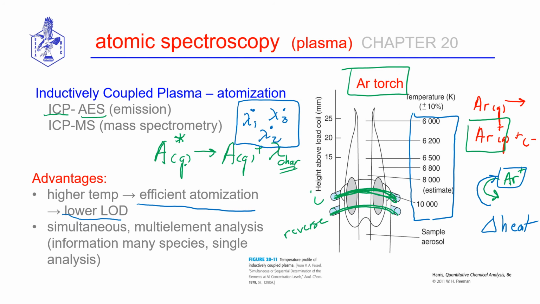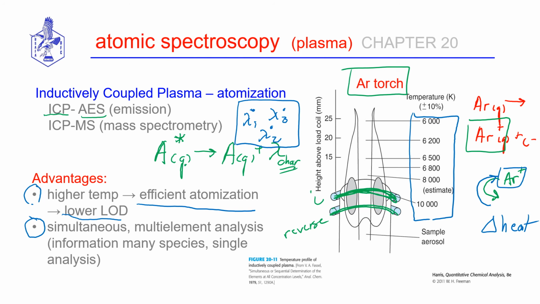So in addition to the huge advantage of efficient atomization, we're at these higher temperatures, so we have lower detection limits. We also have the huge advantage of what we call simultaneous multi-element analysis.